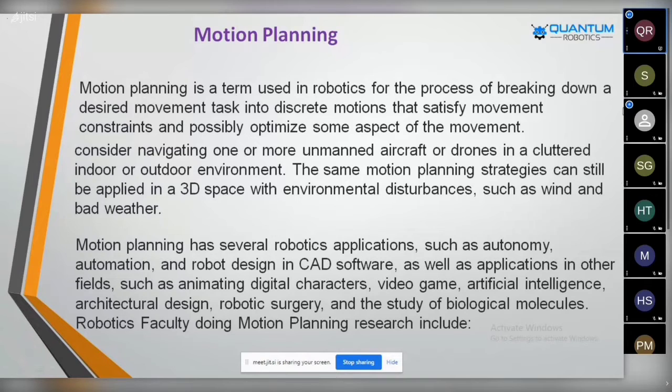Not only this, it can be used for navigating one or more unmanned aircraft or drones in a cluttered indoor or outdoor environment. For unmanned vehicles like aircraft and drones, we can use motion planning.